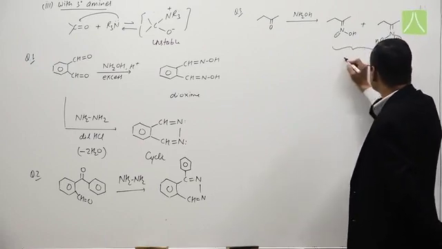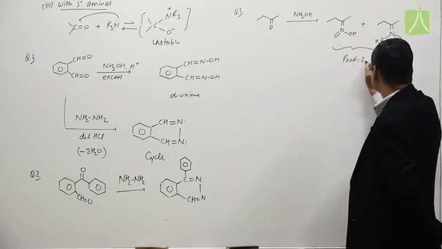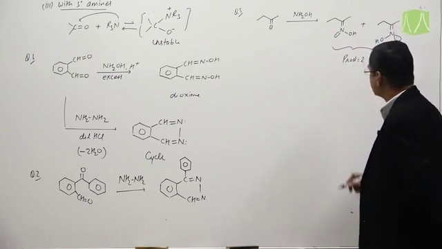There are 2 products, both are geometrical isomers of each other.